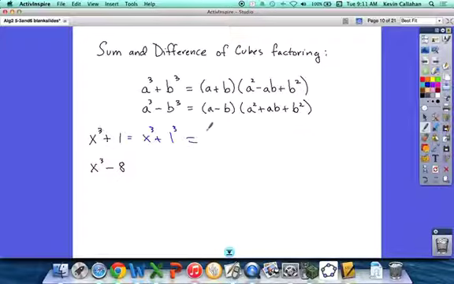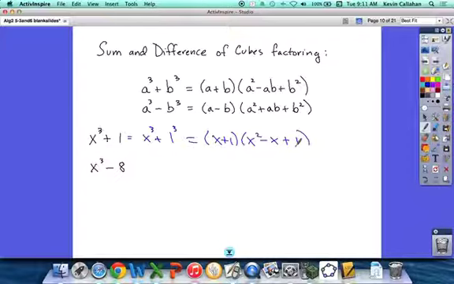So that'll be x plus 1 times x squared minus 1x plus 1 squared. Notice the pattern: the plus matches with the plus, and then that sign is the opposite of it. This first term is x squared, the next term is 1x, so I just write x, and the next term is 1 squared, which is just 1.